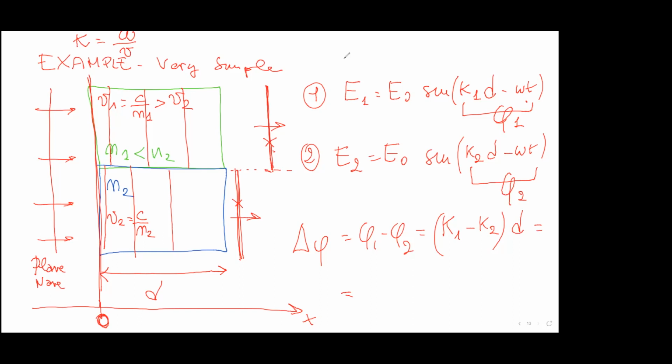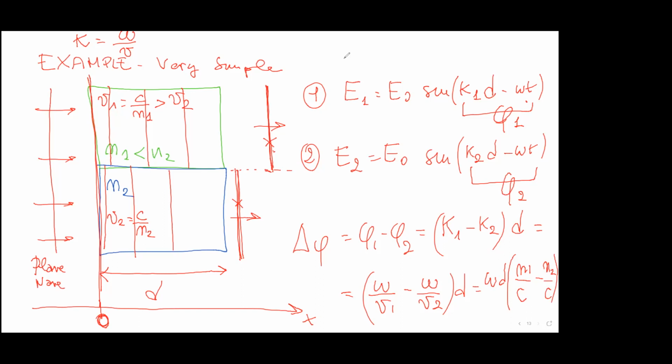You remember when we wrote the dispersion of light, that is a line: omega is equal to k times the speed of propagation. So you can write omega divided by V1 minus omega divided by V2, times d. Omega can be factorized, so this is omega d times 1 over V1, which is N1 divided by C, minus N2 divided by C.